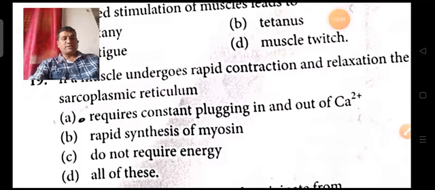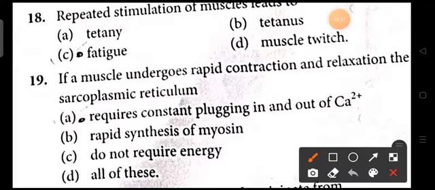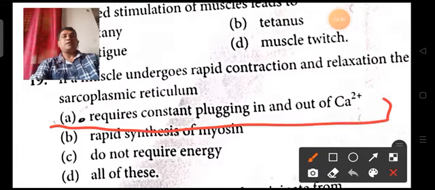During the contraction of muscle, calcium ions are released from the sarcoplasmic reticulum to the sarcoplasm, and during the relaxation phase, calcium ions are pumped back into the lumen. Hence, when a muscle undergoes rapid contraction and relaxation, it requires constant movement of calcium ions in and out of the sarcoplasmic reticulum. So we can go with answer A.